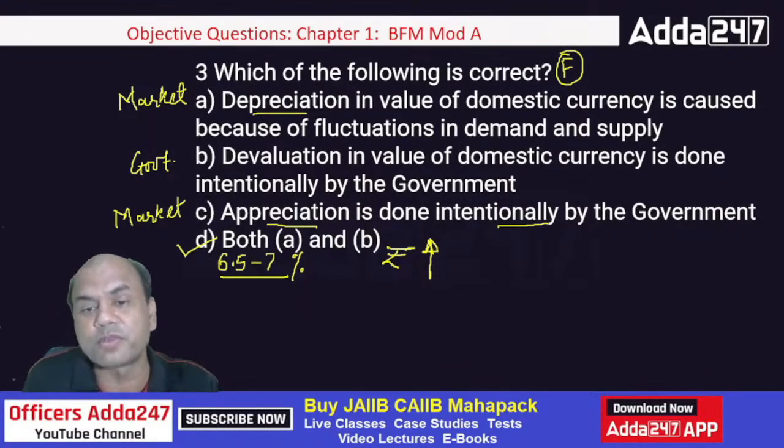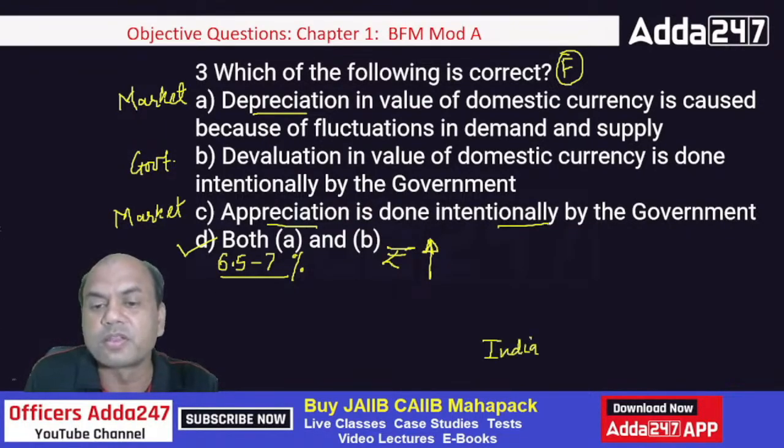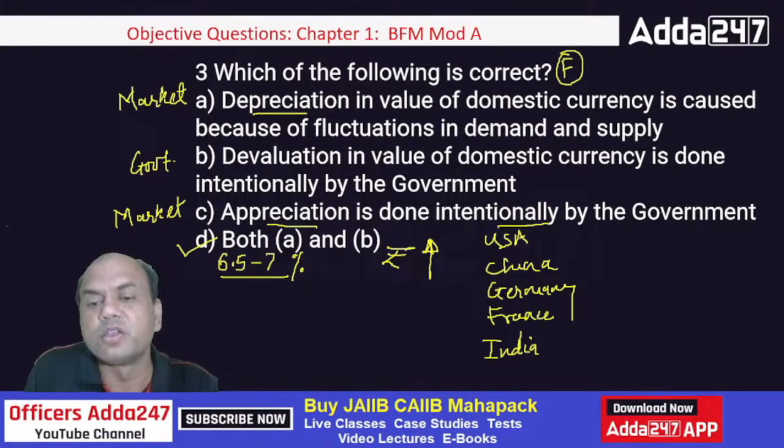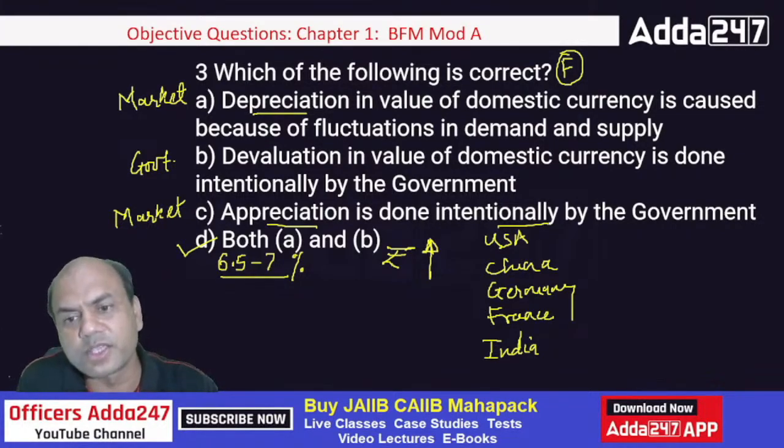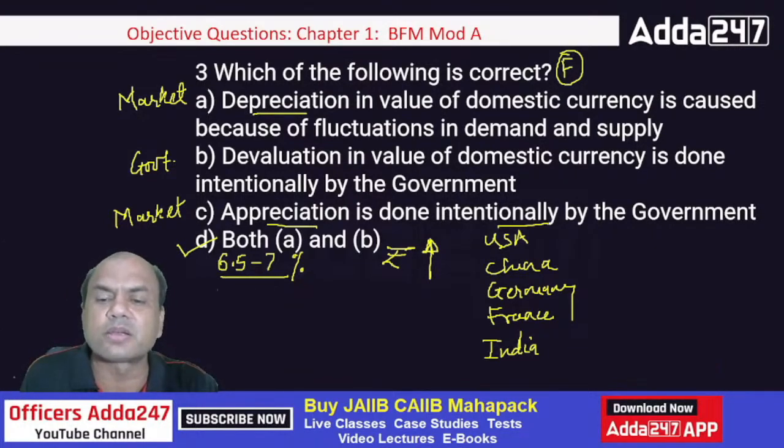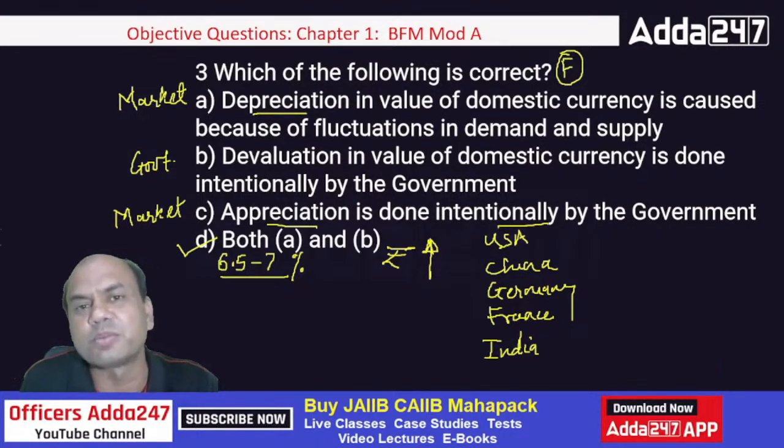India is in the 5th place. USA is first, second China, then Germany, then France, and then India. UK is gone behind us. We will take over Germany and France in the next 2 years, max to max.